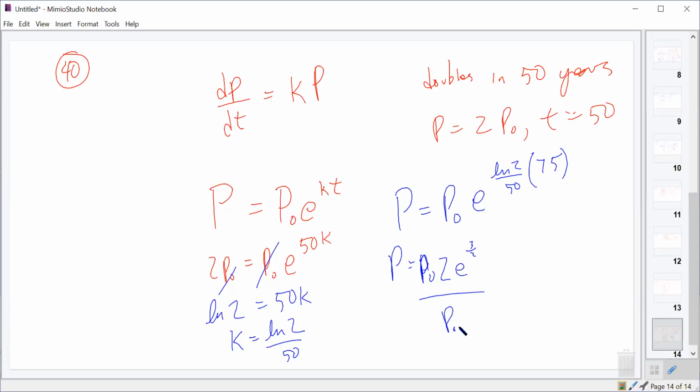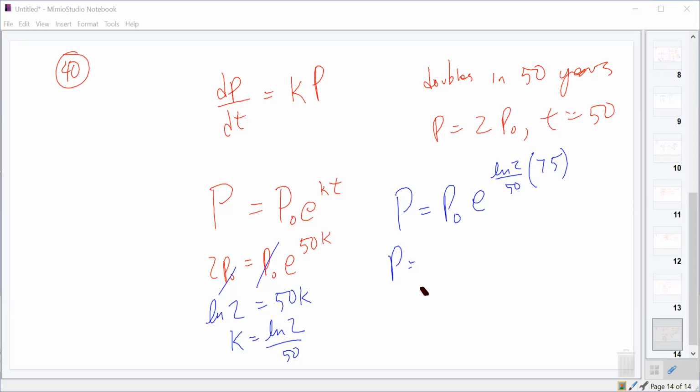That's not so good. Oh, yeah, that's why, because that's not 2e to the 3 halves. That's a problem. Yeah.